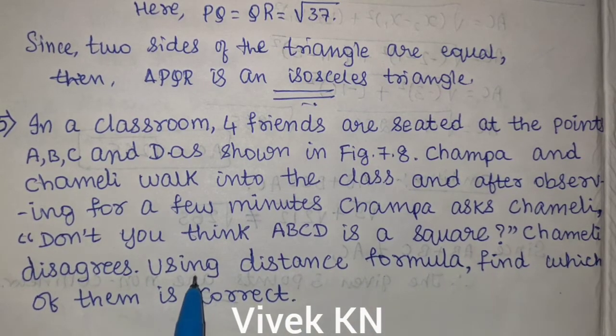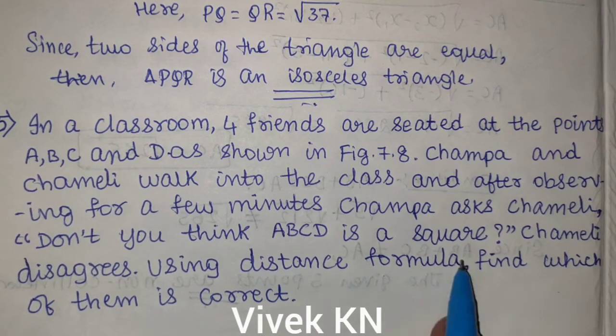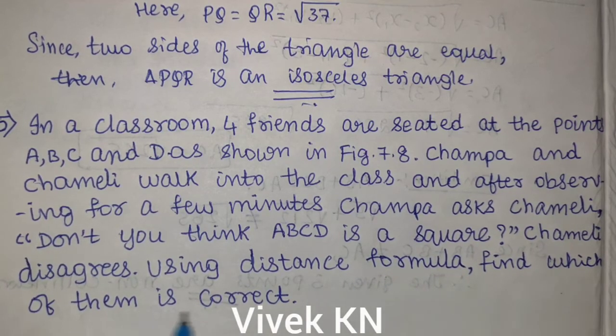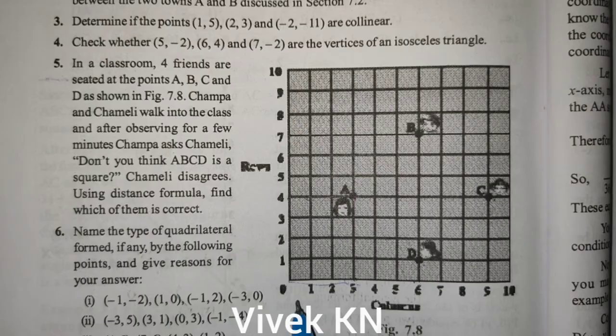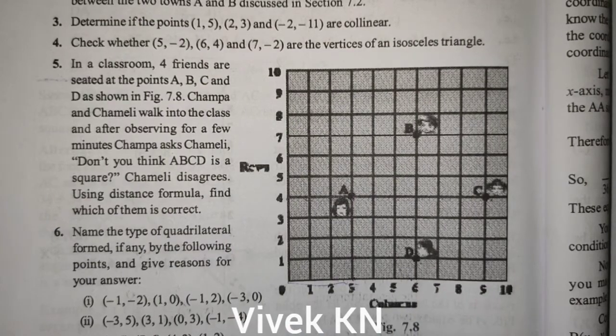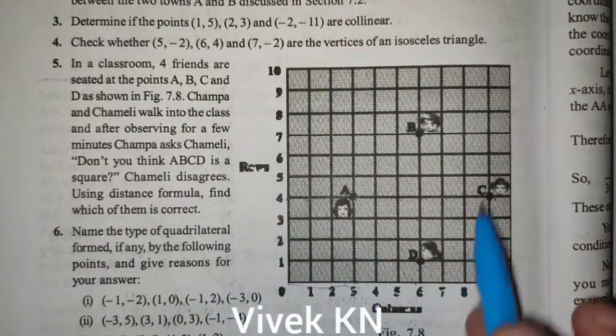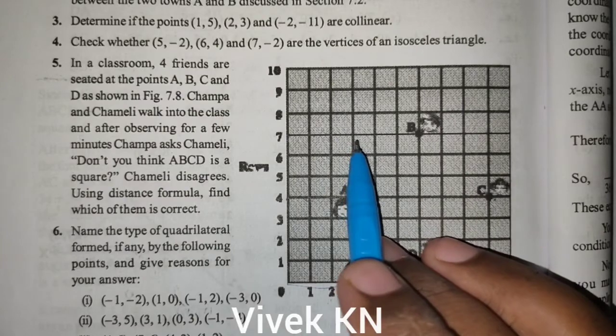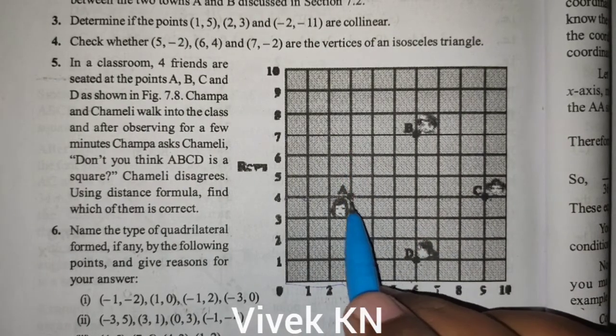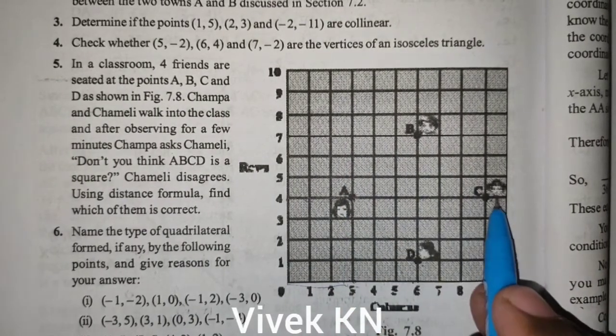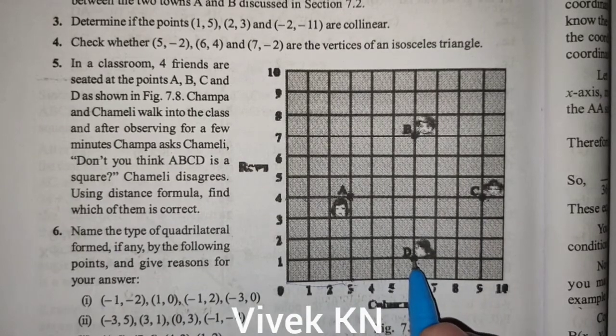Chameli disagrees. Using distance formula, find which of them is correct. This is the figure 7.8 and this is the classroom. Four friends are seated at the points A, B, C and D.